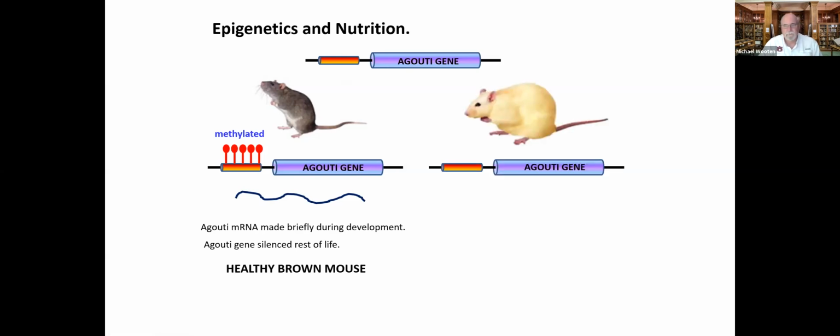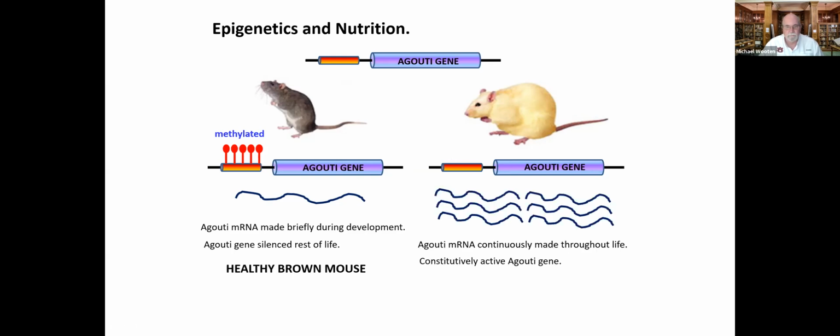Okay. Well, there have been these mice that have been modified genetically so that they don't methylate. The CG islands have been disrupted. There's other things. There are some naturally occurring variants, but there are some deletions where they've deleted out some of the control region. So basically, what they've done is made it impossible to turn off that gene. So the agouti gene tends to be active throughout life. Okay.